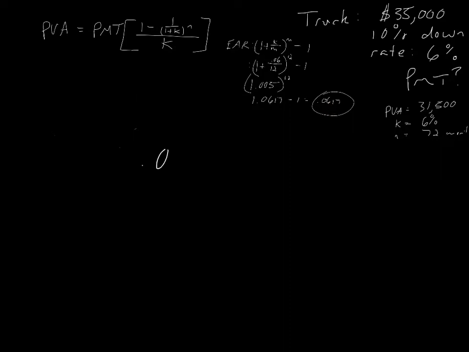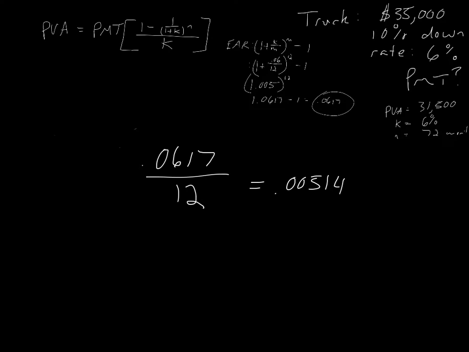So 0.0617 divided by 12 is what we're going to have to do, because remember our n is in months. 0.0617 divided by 12 gives us 0.00514.